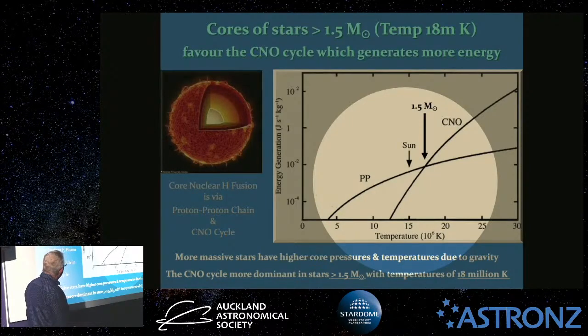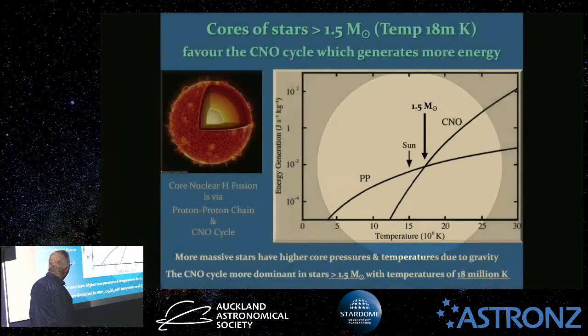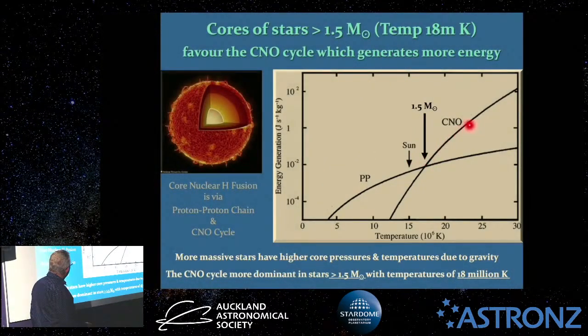Over 1.5 solar masses, you've reached a critical amount of matter, you've reached a critical temperature where you suddenly get past that barrier of about 18 million degrees at its core, and suddenly, as you can see here, the CNO cycle becomes the predominant method of fusing hydrogen to helium.